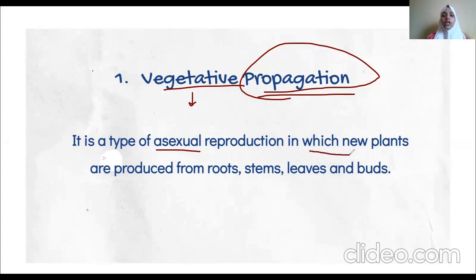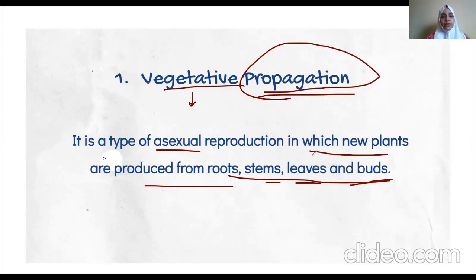Okay, so here new plants will be formed from roots, stems, leaves, and buds. So basically all the parts of the plants are covered in this: root, stems, leaves, buds. So any part of the plant can be taken, and from that a new plant can be produced.